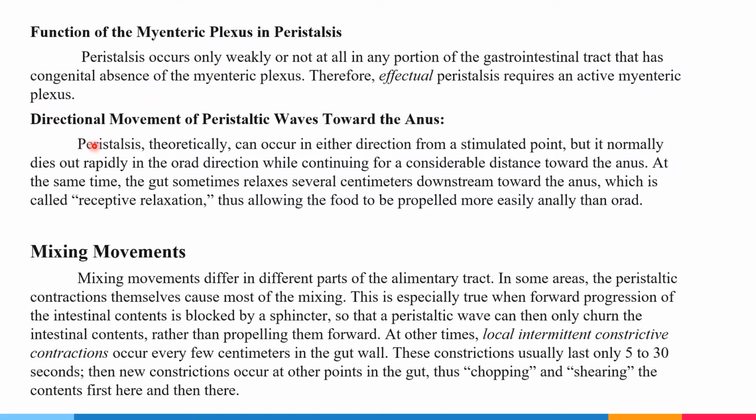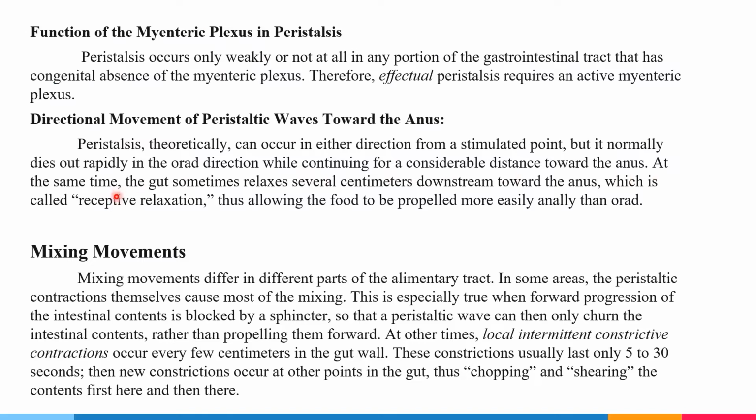Next is the direction of movement of the peristaltic waves, which is towards the anus. Peristalsis theoretically can occur in either direction from a stimulated point, but it normally dies out rapidly in the oral direction, that is towards the mouth, while continuing for a considerable distance towards the anus.